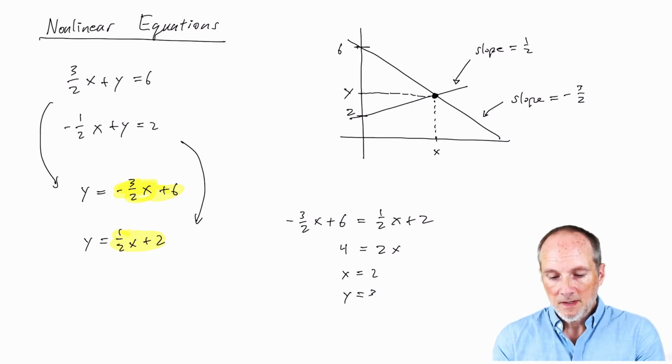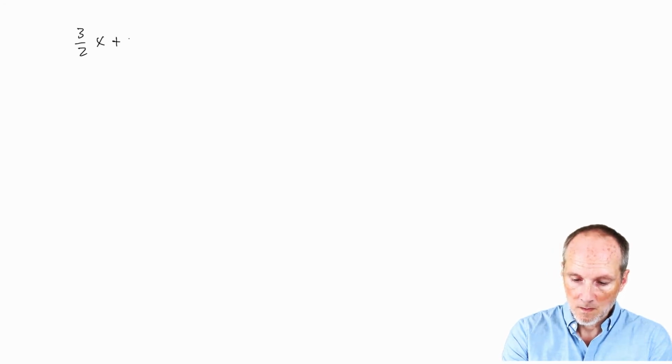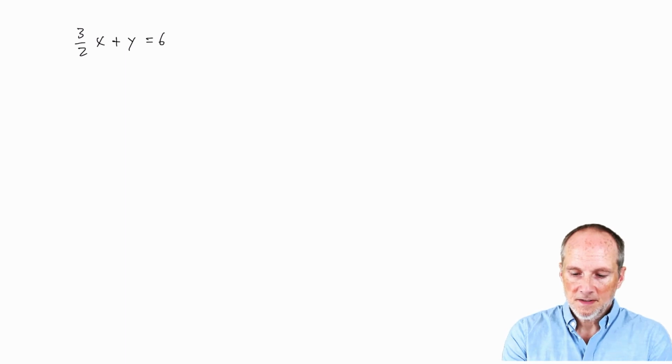Okay, so again, conceptually, linear equations are pretty straightforward, but suppose we have a nonlinear equation. So let's stick with the first equation, which is linear. But now let's throw in something that's a little bit different.